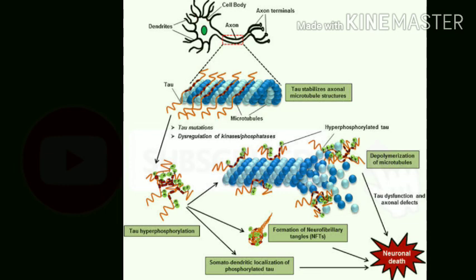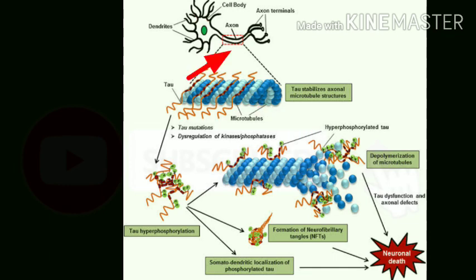Neurofibrillary tangles are insoluble twisted fibers found inside the brain's nerve cells. They primarily consist of a protein called tau, which forms a part of a structure called the microtubule. The microtubule helps transport nutrients and other important substances from one part of the nerve cell to another.